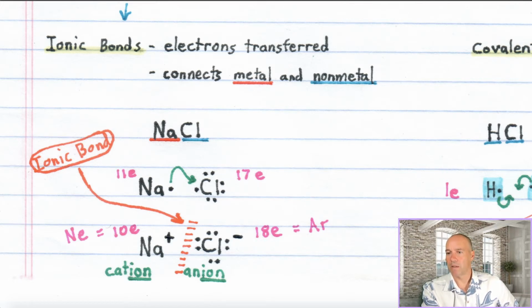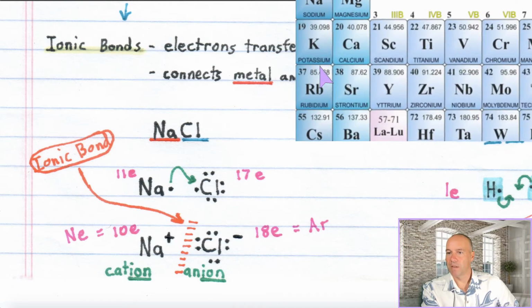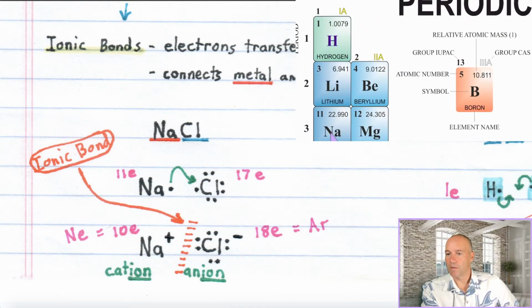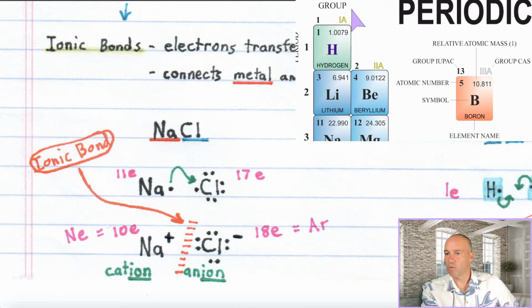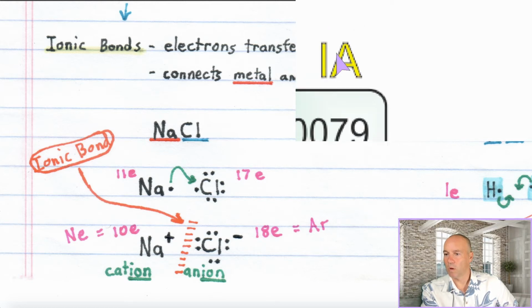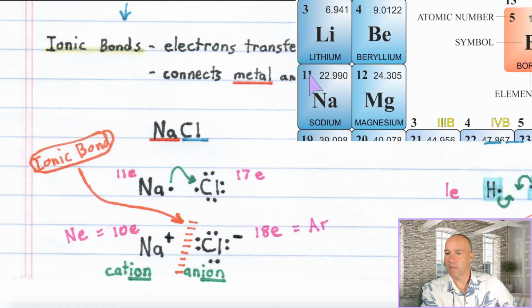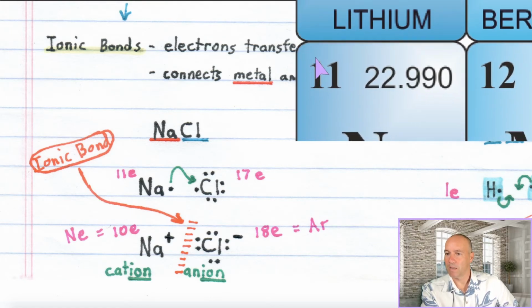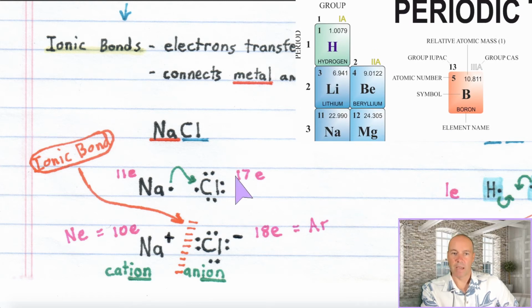Let's find sodium on the periodic table. It's group 1A, so go over there to the left. There's sodium right there. All elements in group 1A have 1 valence electron. Now sodium is element number 11, and it has 11 electrons total, but one of them is the valence electron, and so it gets 1 dot.